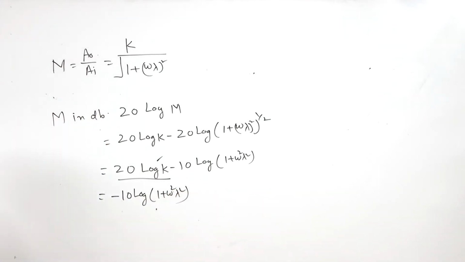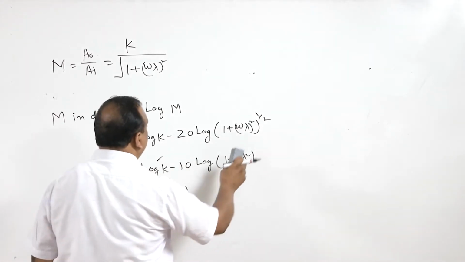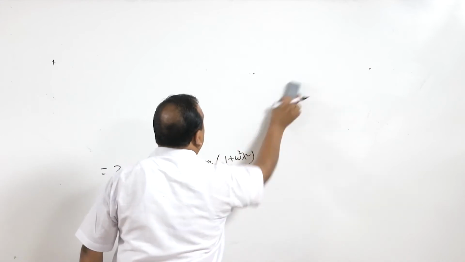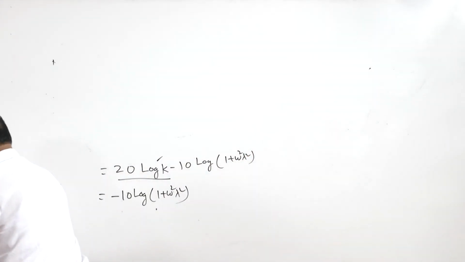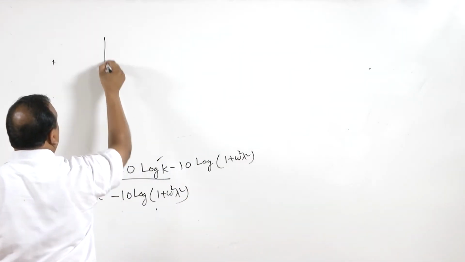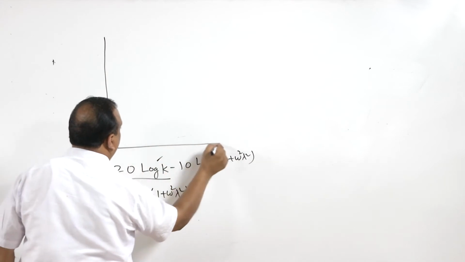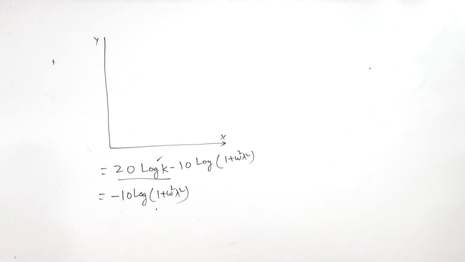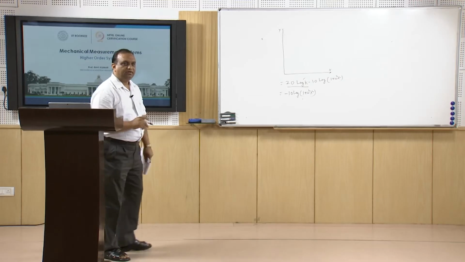Now, if you want to draw a plot for this amplitude, this is the x-axis and this is the y-axis, and the x-axis has to be in logarithms. It has to be a log axis, right?